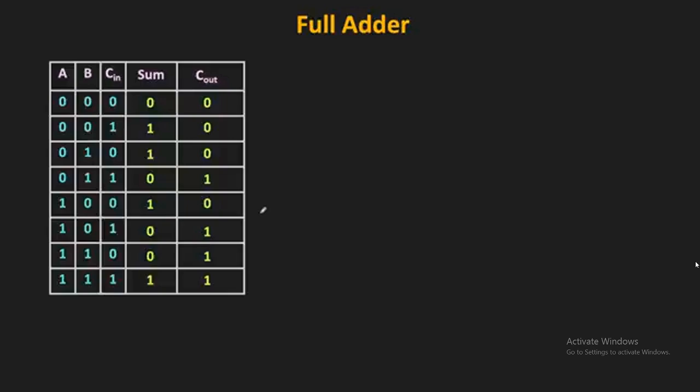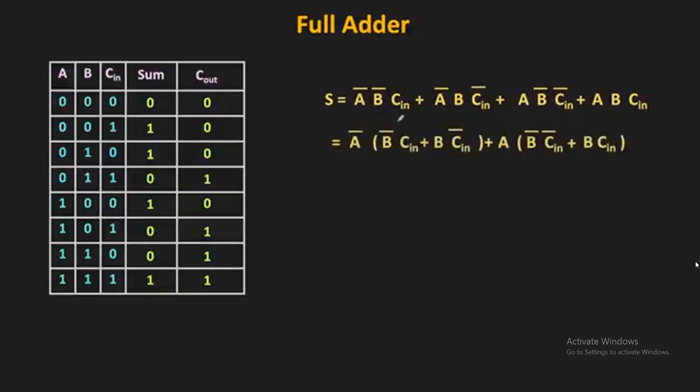So now in the first two terms, we will take A bar as common. Then in the bracket, we will have this, that is B bar C in plus B C in bar, and then it is equal to B XOR C in.